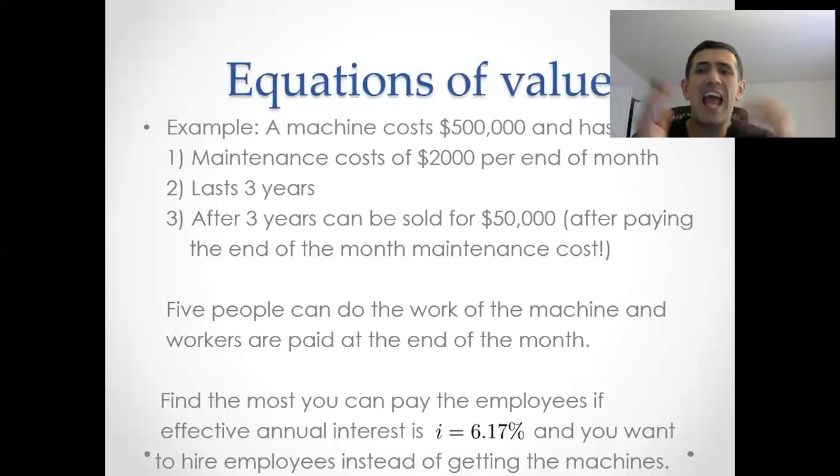And again, every single cost has to be time valued. The logic being any expense that you make, any cost that you incur is money that could have been invested in your account earning 6.17% effective annual interest.